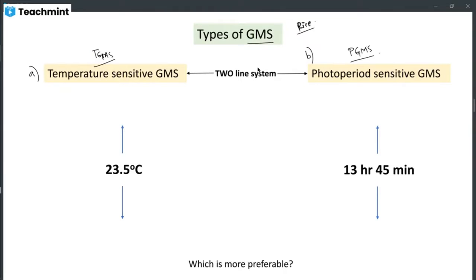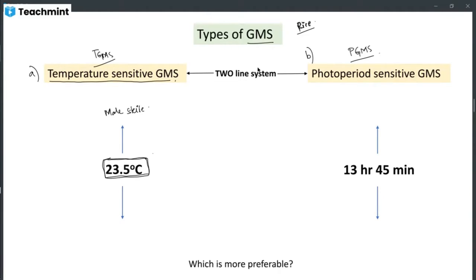In case of temperature sensitive genetic male sterility, there is a threshold temperature which is 23.5 degrees centigrade. So if a plant is exposed above 23.5 degrees centigrade, what will be the fertility status of the plant? If the plant is above this threshold temperature, then the plant becomes male sterile.